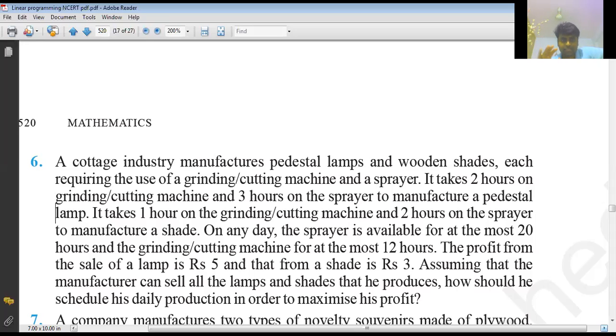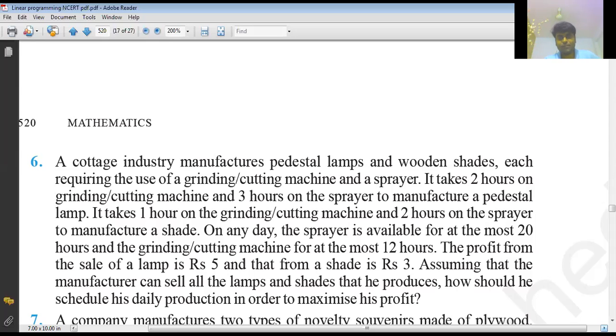Correct? After that, on any day, the sprayer is available for at most 20 hours. Means within the 20 hours only, the work must be completed. Similarly, the grinding and cutting machine is also available only for 12 hours.